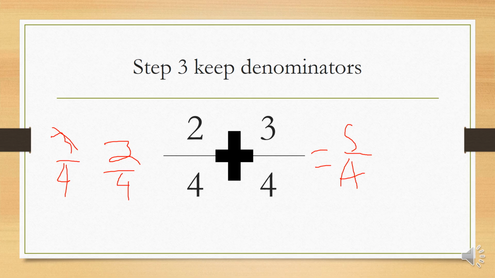Let me write 1 over 4 real quick. 1 over 4 plus 2 over 4. Since the denominators are the same, we keep the 4. But 1 plus 2, what does that equal? 3. Well, this is a common fraction. But the other one is uncommon because the numerator is bigger than the denominator. Here the numerator is less than the denominator. The first is called an uncommon fraction, while this is not.